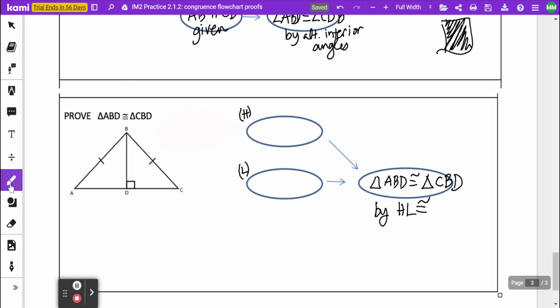All right, back at it. The hypotenuse here, AD, is congruent to BC, which is given. And then I also want to say, and these are hypotenuse, are hypotenuse.